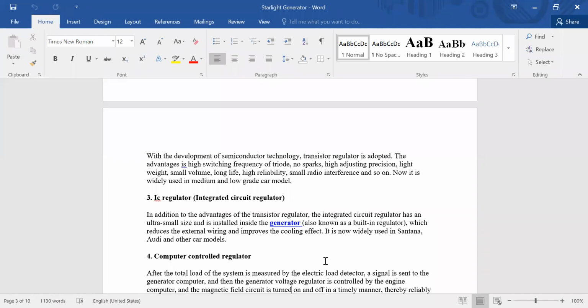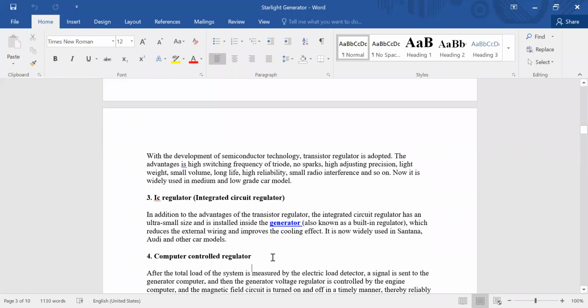There is no need for external wiring, and it also improves the cooling effect. We are now using it in Audi and other car models.